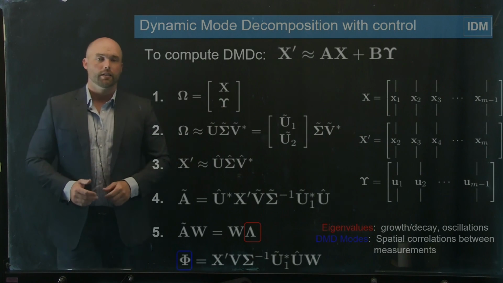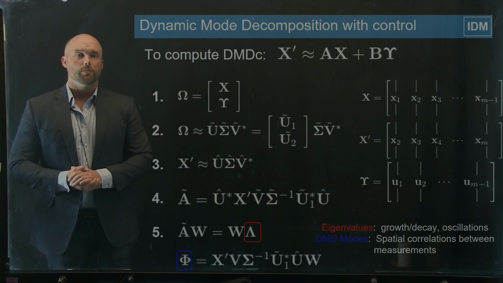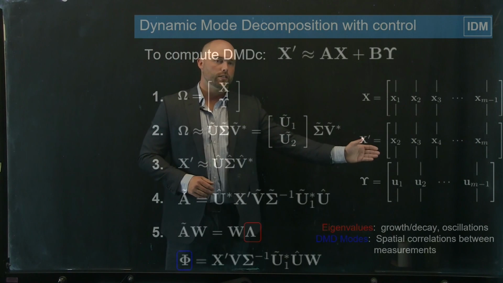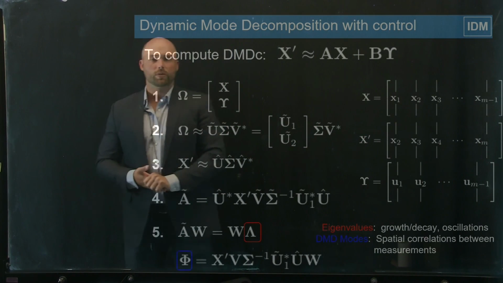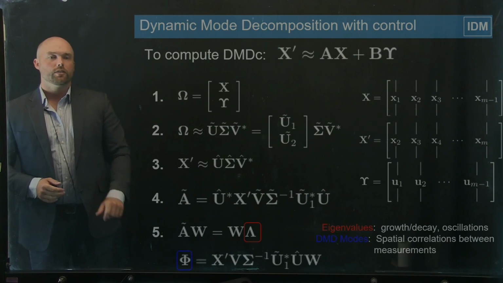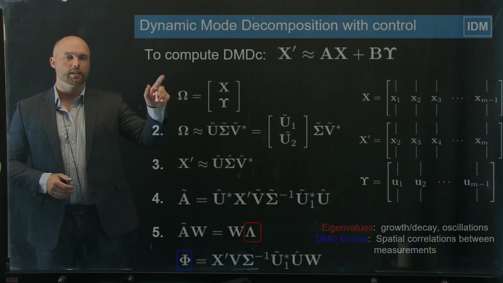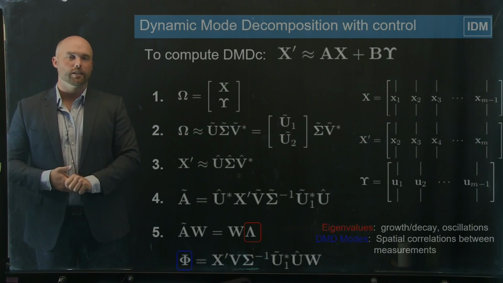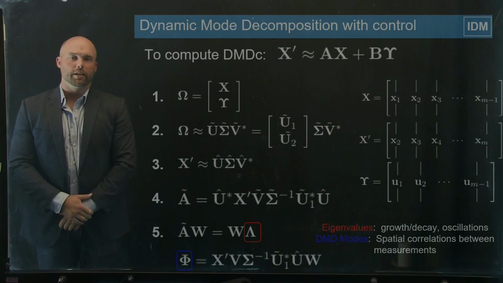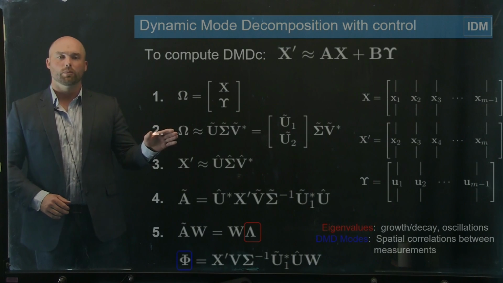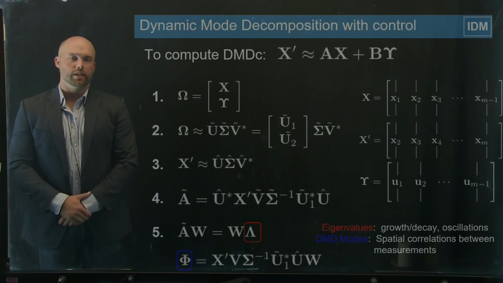Now, algorithmically, not a lot has changed. So to compute this DMDc, we again form our snapshot matrices X, X prime, and Upsilon. And instead of considering X and Upsilon as different matrices, we're actually going to stack them into this larger data matrix Omega. Now we're again going to use the singular value decomposition of Omega to find a factorization of Omega.